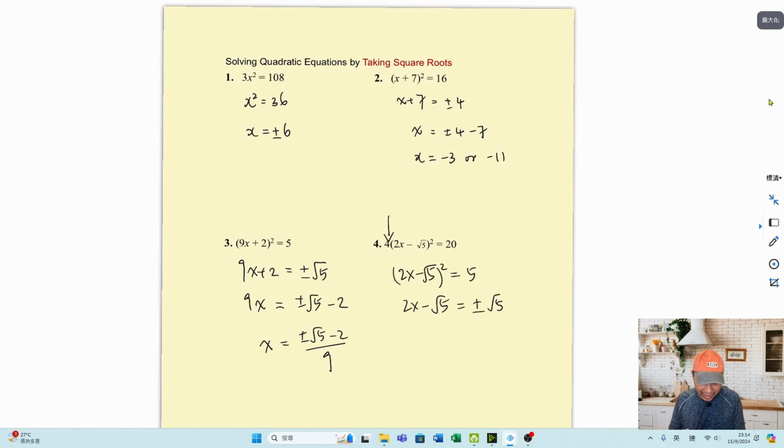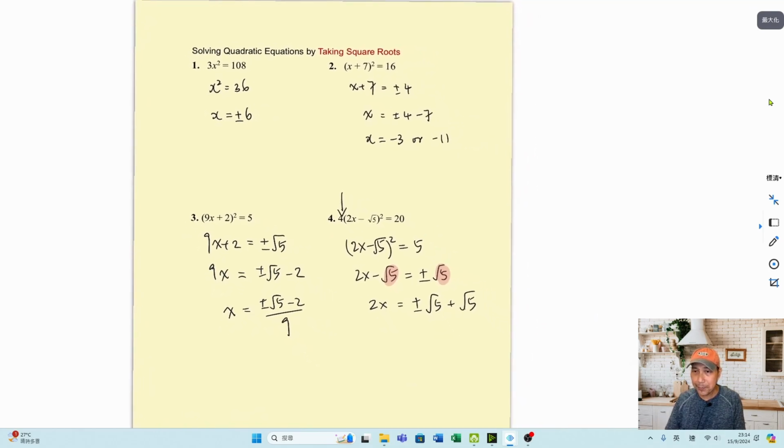Okay, now this time something very interesting happens. There are two root 5s. We can add or subtract these two root 5s. Let's move on. We move the negative root 5 to the right hand side. 2x is positive or negative root 5 plus root 5.